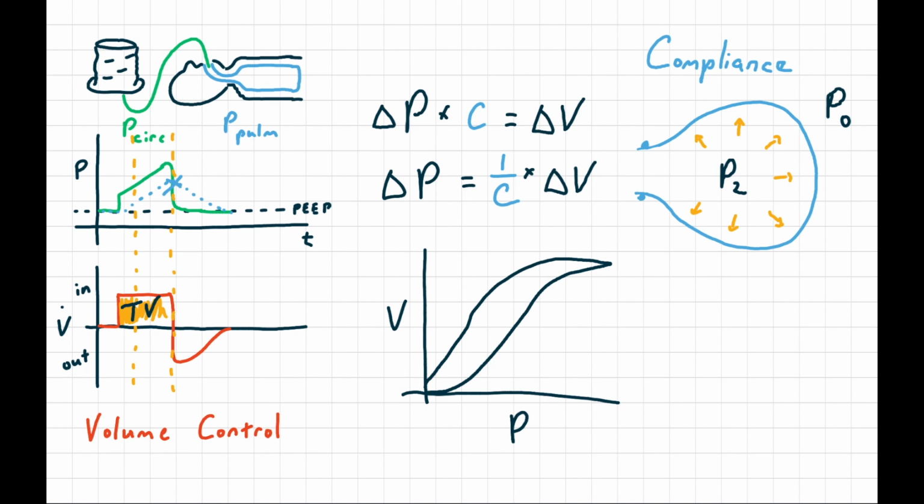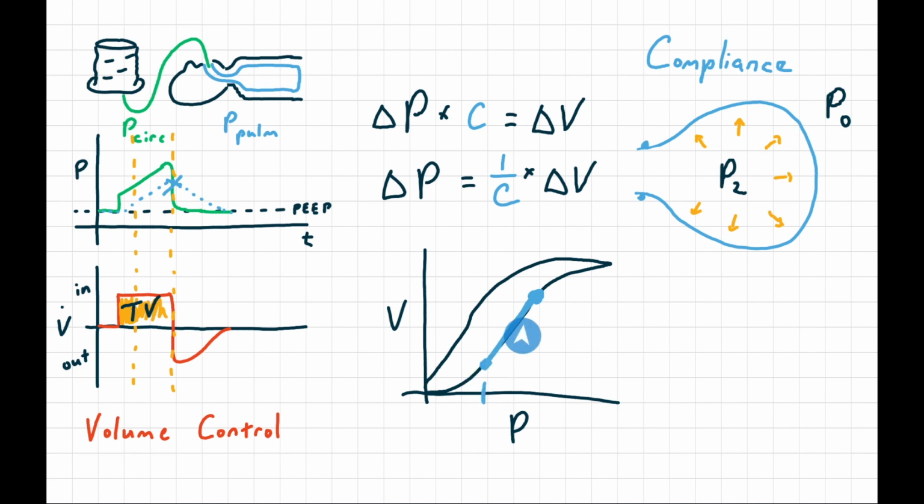This graph is one of the explanations for why we add that positive end expiratory pressure, or PEEP. We'll set our PEEP about here on the pressure axis to try to avoid the lower atelectatic part of the graph. We'll do most of our ventilation in this nice linear region of the graph, and we won't let our pulmonary pressures get too high, both to stay out of the nonlinear beak-shaped part of the curve, and more importantly, to prevent lung injury.